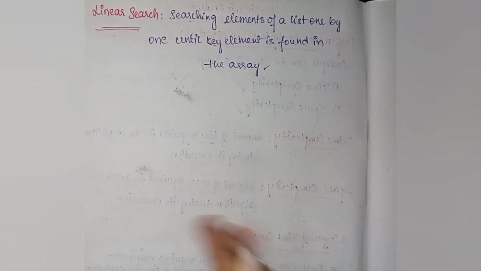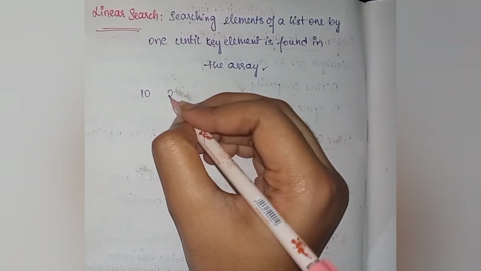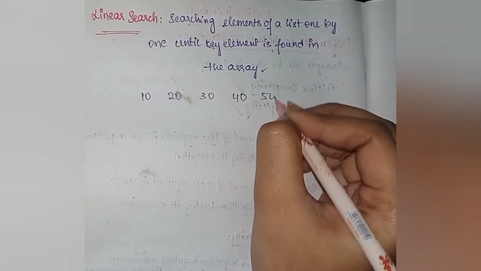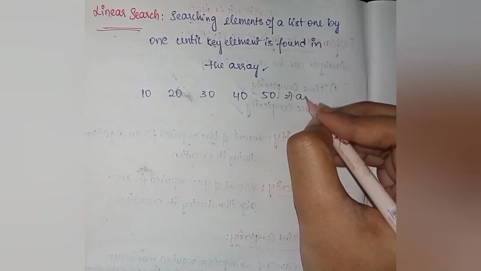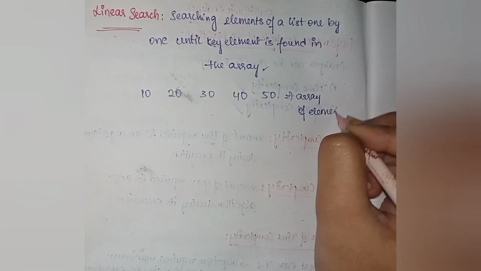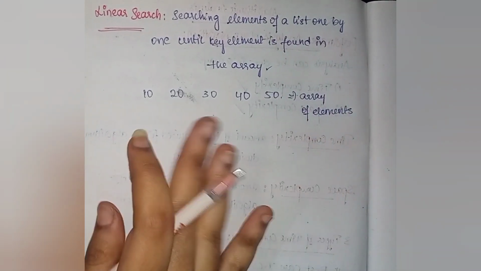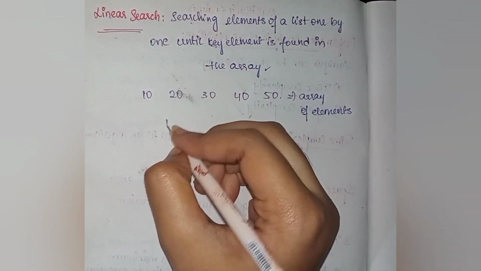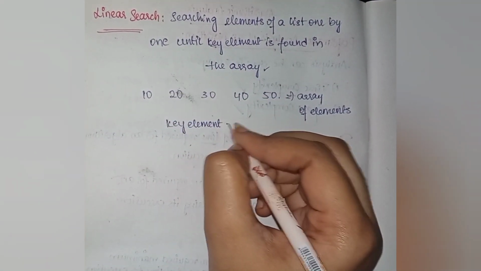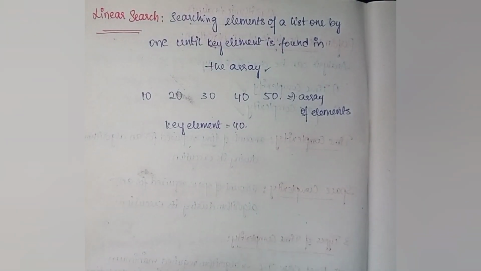For example, if I have an array of elements 10, 20, 30, 40, 50. So this is my array of elements, okay? Now I want to do linear search on this and my key element will be 40. So how will I perform this linear search?